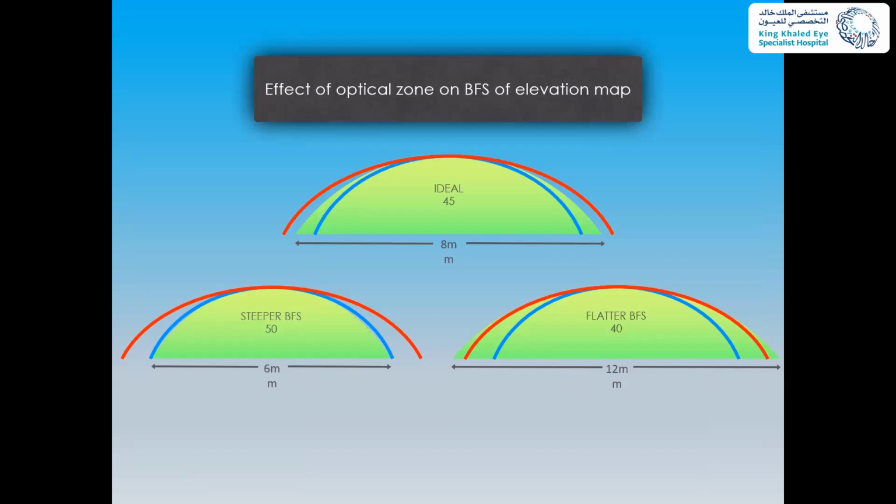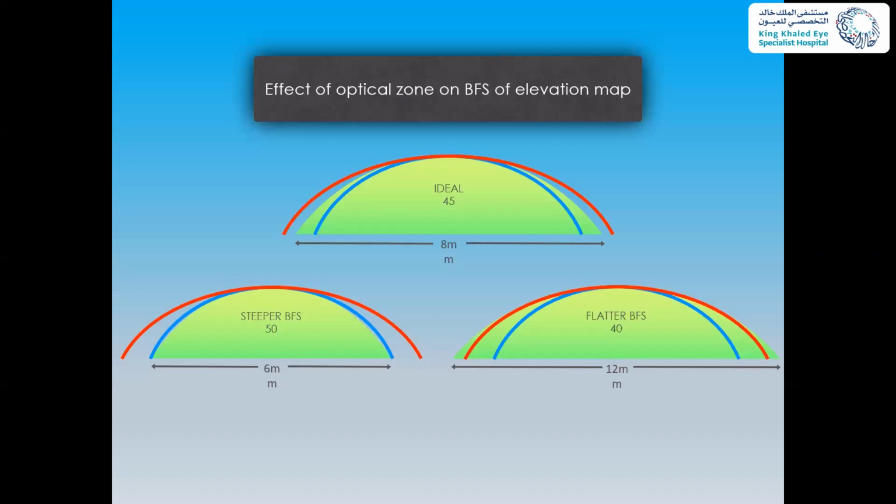And this is something which we all know very well, but I just want to recap that if you change the best sphere fit diameter, okay, so I'm not talking about the best sphere fit value. Whatever value is coming, it will come from the patient's eye. But you can decide whether you want to take 8 millimeter, 10 millimeter, 12 millimeter, or 6 millimeter. We usually take 8 millimeter because this is where most of the data comes from.